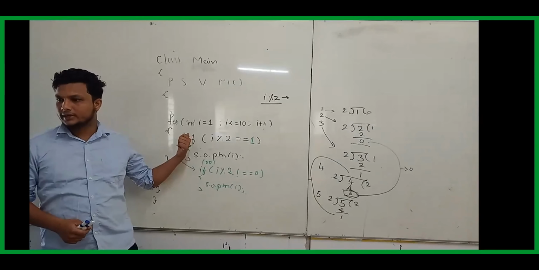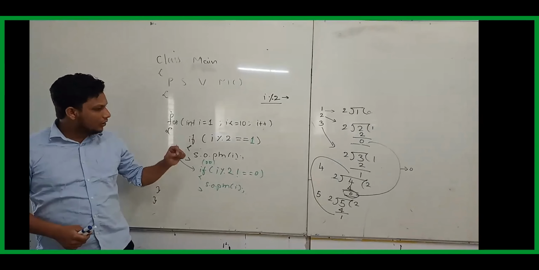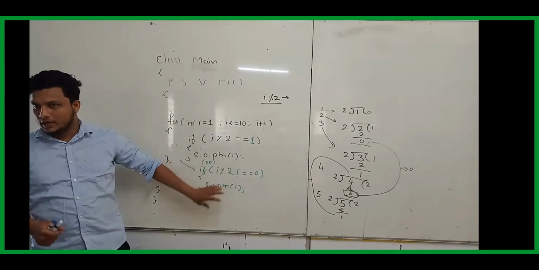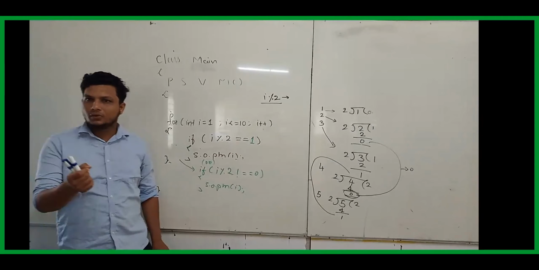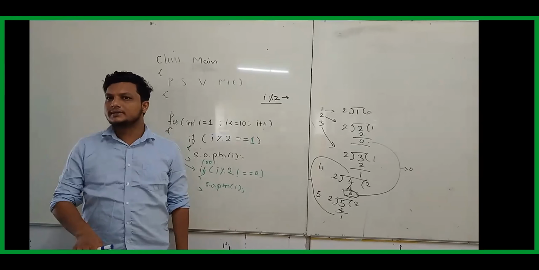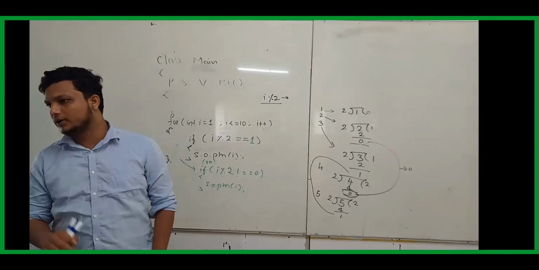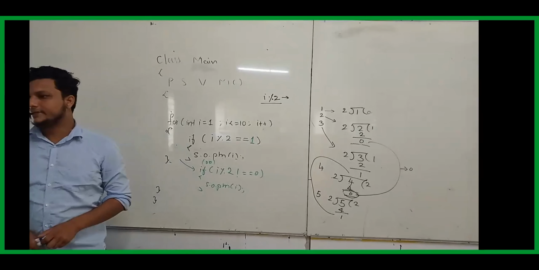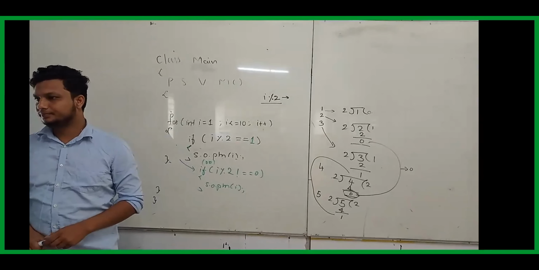We know how to calculate the sum of numbers, and we also know how to identify an even or odd number. Now the requirement is calculate the sum of all even numbers and calculate the sum of all odd numbers. Simple. That is your assignment. Please complete and come. Okay.